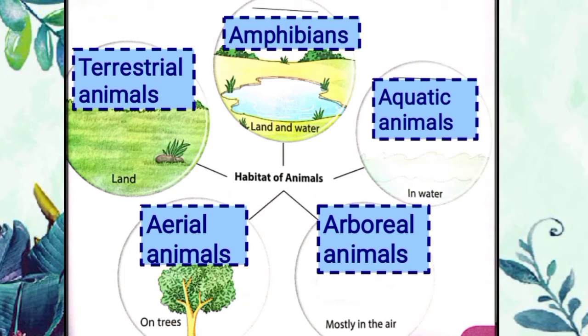Animals are found everywhere: on land, on trees, flying in the air and in water. Some animals are also found on both land and water. Based on where animals spend most of their time, they can be grouped into terrestrial animals, arboreal animals, aerial animals, aquatic animals and amphibians.